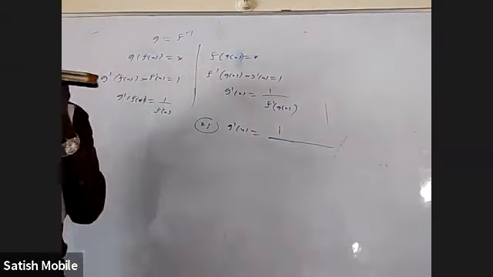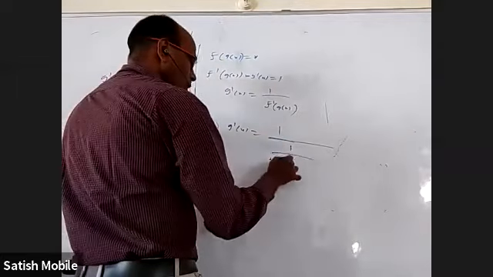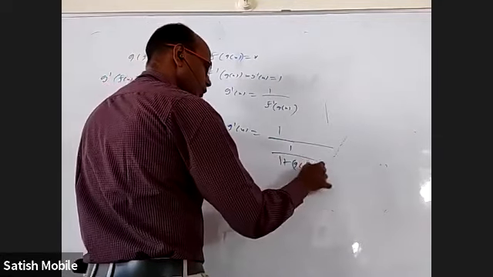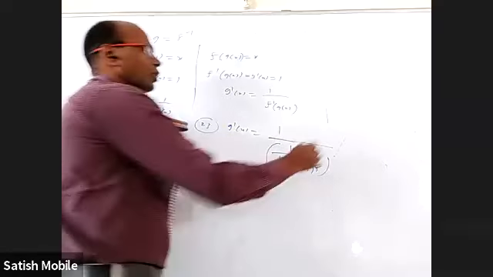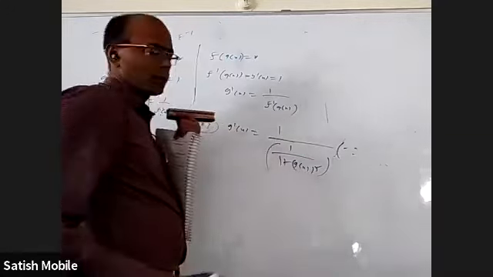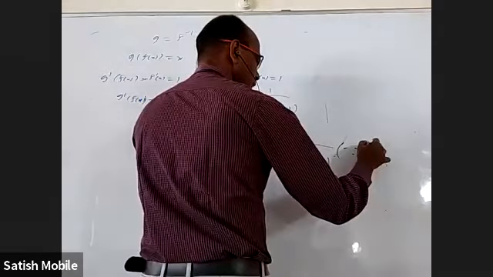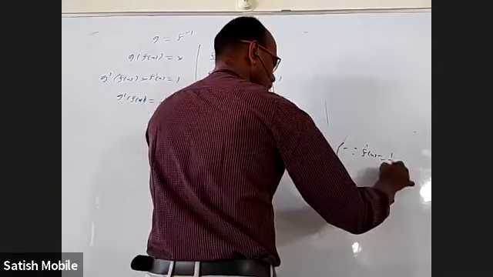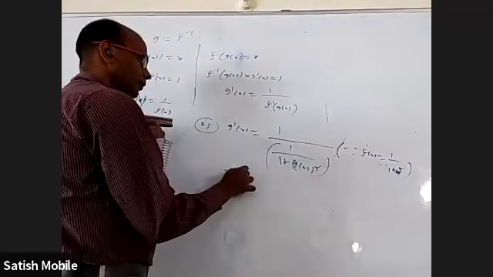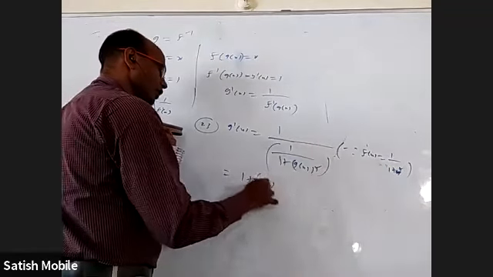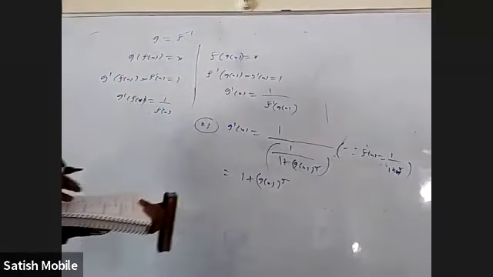Wherever x is there, I have to write g of x. 1 by 1 plus g of x whole power 5. In the place of f dash g of x, I could write this because they mentioned in the question f dash x is equal to 1 by 1 plus x power 5. Now this will go up. I'll get 1 plus g of x whole power 5. That's it.